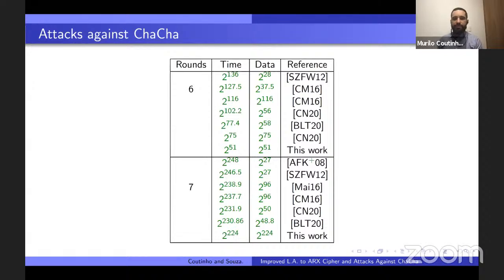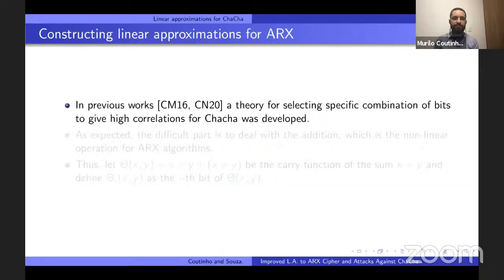As a summary of the attacks, we improved the attacks against 6 rounds of Chacha substantially, and also present a differential linear distinguisher for 7 rounds of Chacha, which you can see reduces the time complexity, but has a trade-off with data complexity.